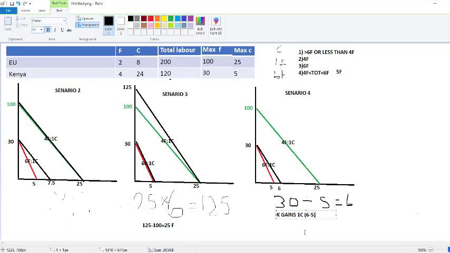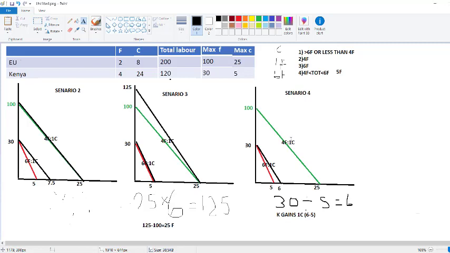So now we're going to do a discussion in terms of the EU. So the EU, initially speaking, under autarky, would produce 1 carbon at 4 food. That was their terms of trade. That is also their pricing in terms of their country because it couldn't be anything else. What has happened to the terms of trade now?